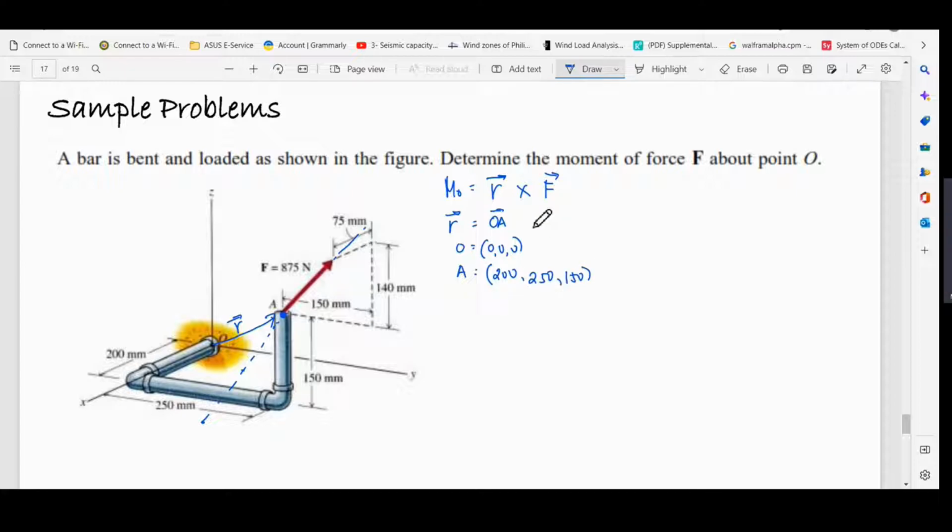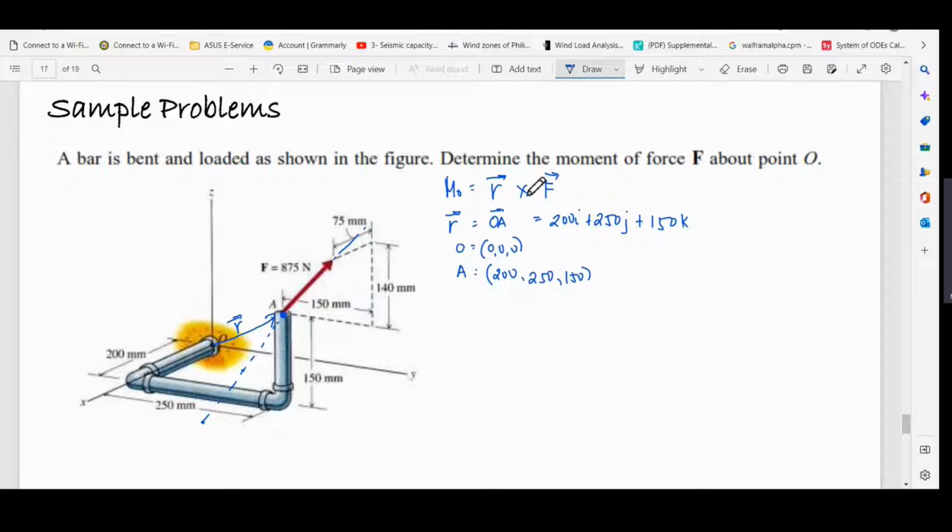Okay, so head minus tail tayo. Head will be A and then tail will be O. Therefore, we have 200i plus 250j plus 150k. Okay, so yan na yung ating position vector.